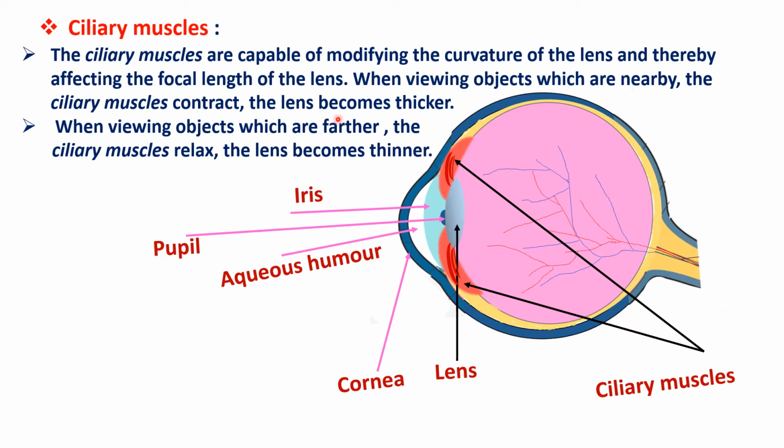When the lens becomes thicker, it means that its size will become smaller. When its size becomes smaller, the focal length will become smaller. When the lens becomes thinner means its size becomes more. When its size becomes larger, its focal length will also become larger.